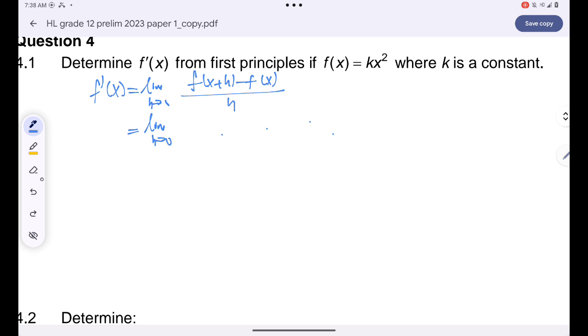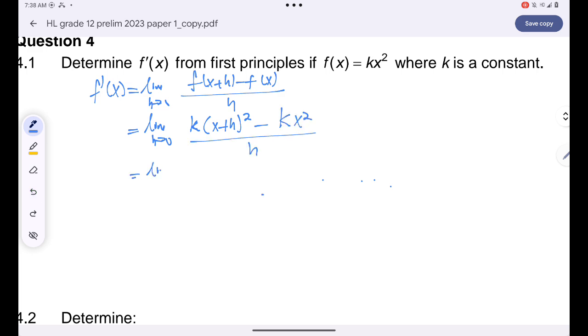How can you find f of x plus h? We are simply going to substitute x plus h whenever you come across x in the equation of f of x. So this will just be equal to k times (x plus h) squared minus k, minus f of x, which is just k x squared, all over h.